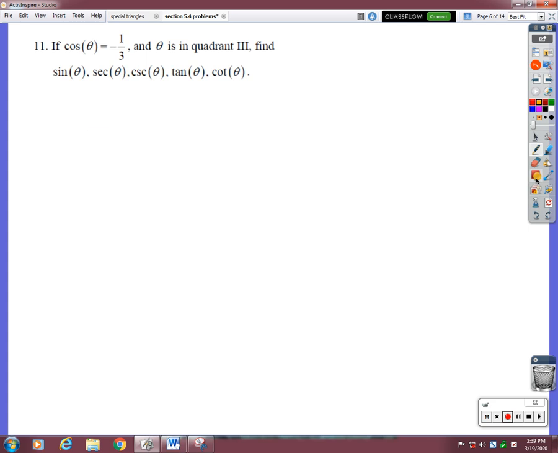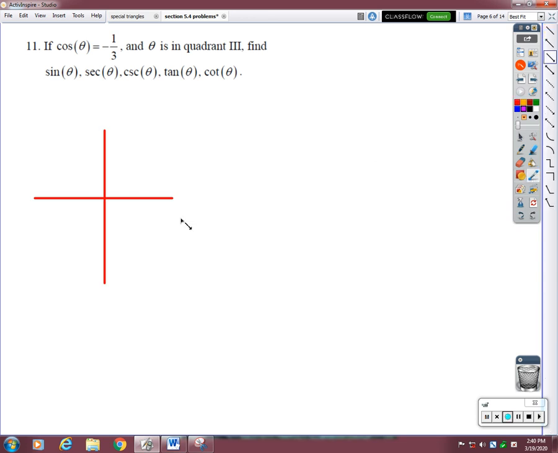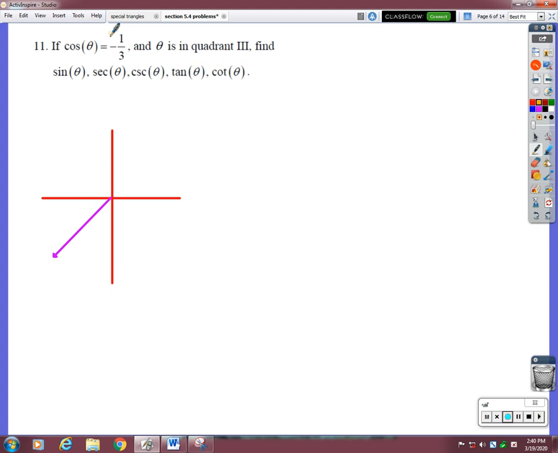Same dealio, we are given this time the cosine of an angle and told that we are in quadrant 3 somewhere, we don't know where. But we know that the cosine is negative 1/3, so that means that this is x and this is r. So x is negative 1, r is 3.